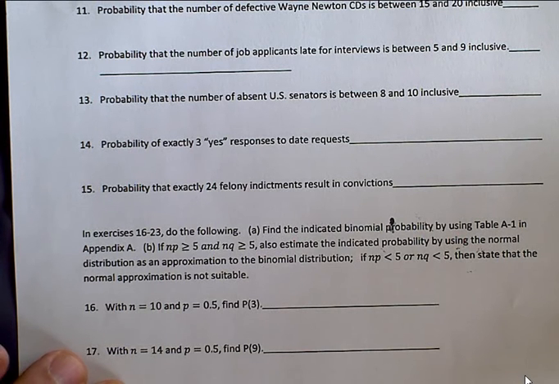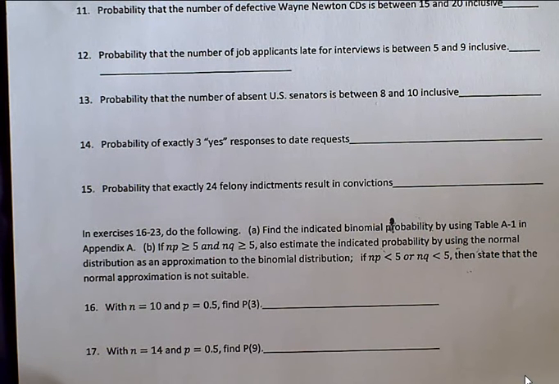Okay, so on 11 and 12 and 13, I think the key here is to identify what the words inclusive and exclusive do. There are no exclusive examples here, but let's talk about what inclusive does.